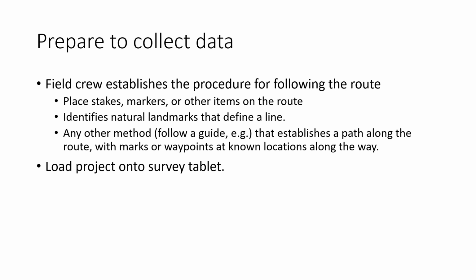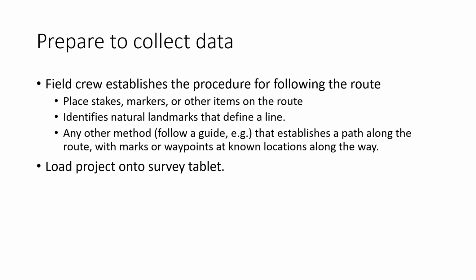So having gotten that survey defined and in a project file that can be run with MagNav, the field crew is going to go out and place stakes or markers or other items out on the field. The field crew might identify some natural landmarks that define lines, so you might not need to put markers down. Or you might have some other methods.